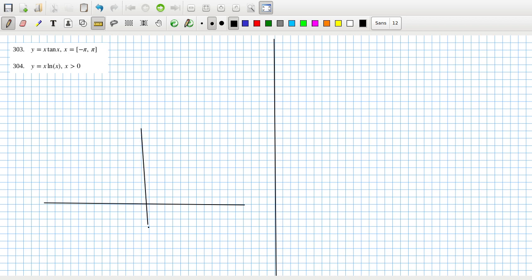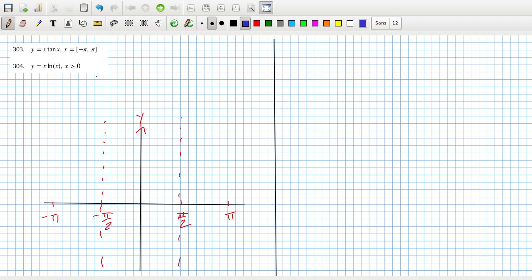Because I think it's a quadratic shape. It's going to be... well, actually, it has an asymptote, you see, tan at pi over 2. So at pi over 2 and minus pi over 2, you've got an asymptote here and here.